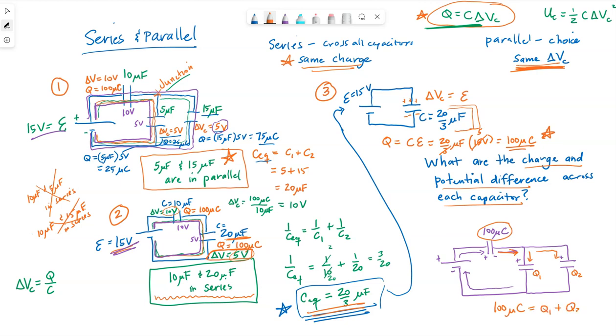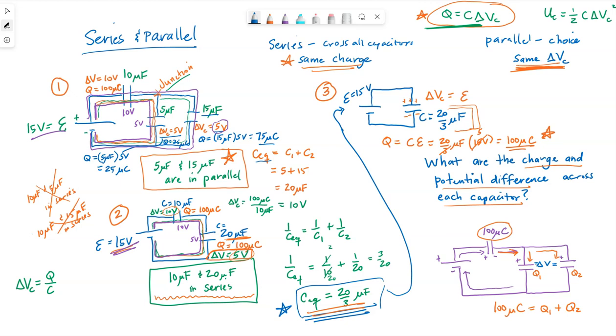The total charge that flowed, when it reaches a junction, it splits off, not necessarily evenly, but it splits off, and not all charges will take the same path. In fact, they will take the path that will result in these two having the same delta V. Well, we already calculated these.